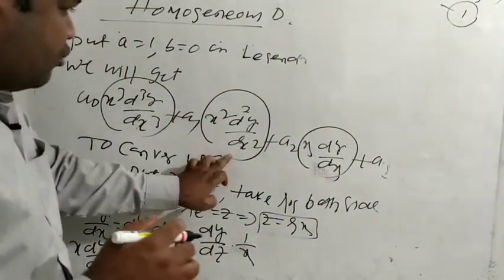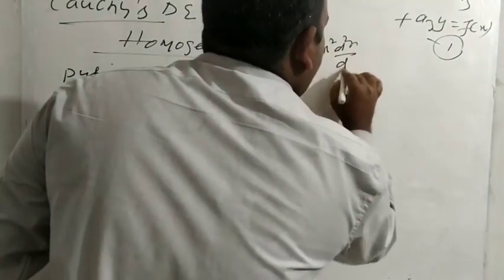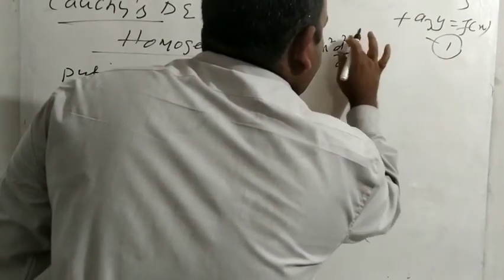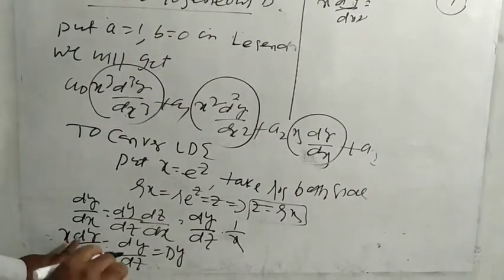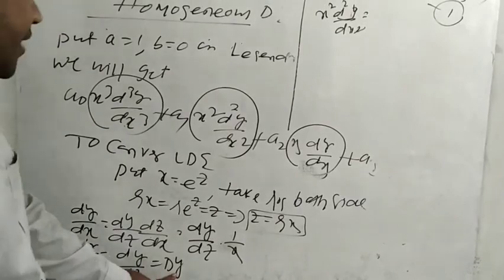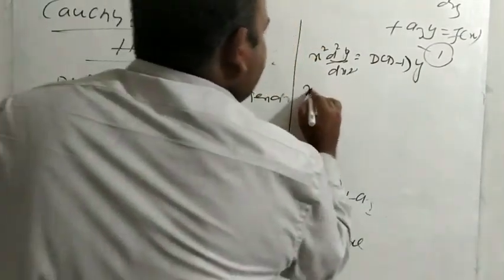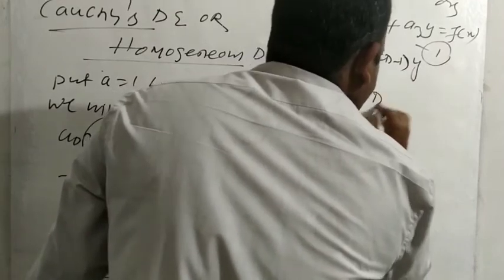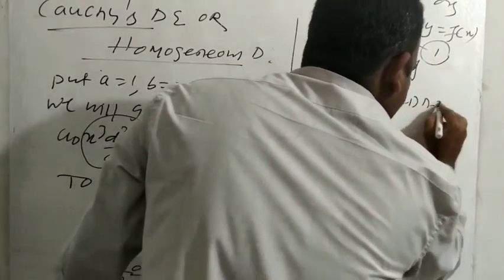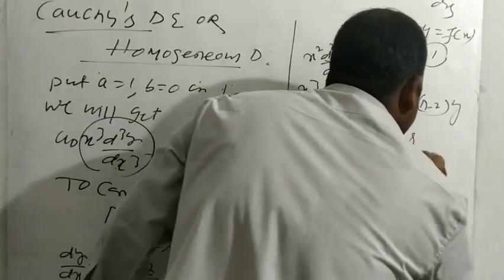Similarly, x square d square y by dx square becomes D into (D minus 1) into y: first order is Dy, second order is D(D minus 1) y. And x cube d cube y by dx cube becomes D(D minus 1)(D minus 2) y, and so on.